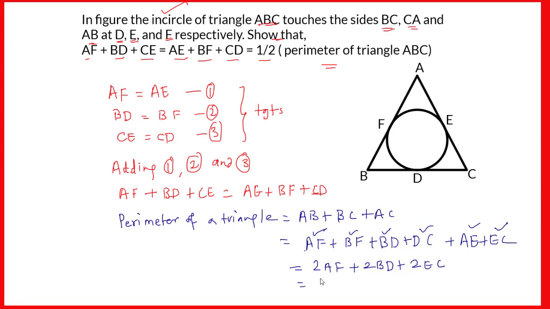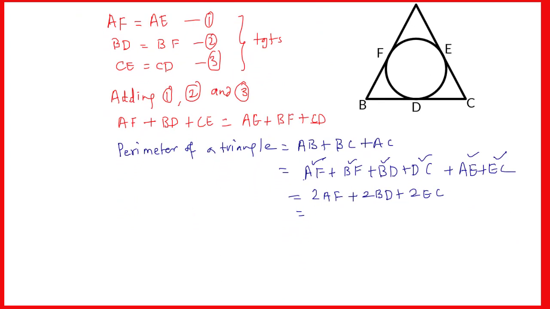Now if you take this 2 to the other side, you will get half the perimeter of triangle, that is equal to AF plus BD plus CE. Correct? 2 we have taken out as a common factor and then shifted it to the other side, so it has become 1 upon 2 perimeter of triangle, that is equal to AF plus BD plus CE.